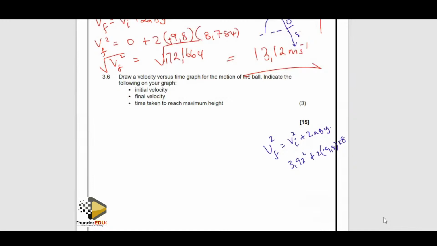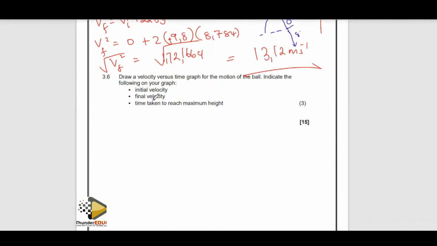Something's fishy here. Guys, it's okay. Let's just ignore that and just use that formula. There's no need for a second option.